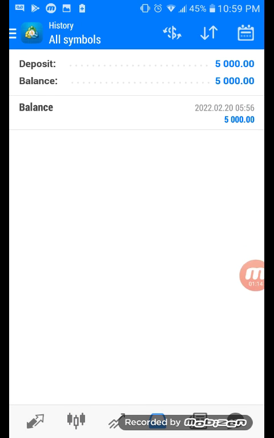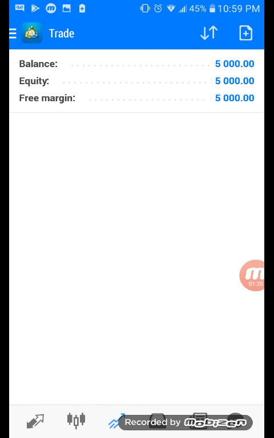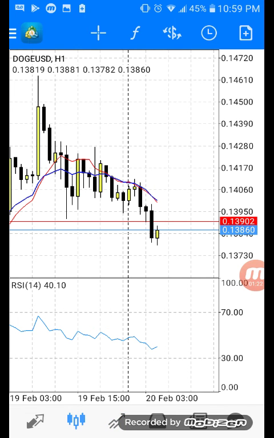say we have 5,000 in our account balance. Say you have 5,000 in your account, and I'm just going to give you an example of what you could do. As we're going to be talking about take profit, you can take profit in MetaTrader 4. You can modify your account before each trade.